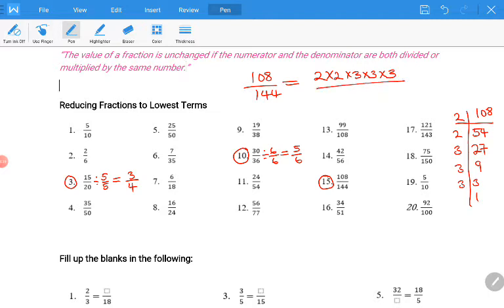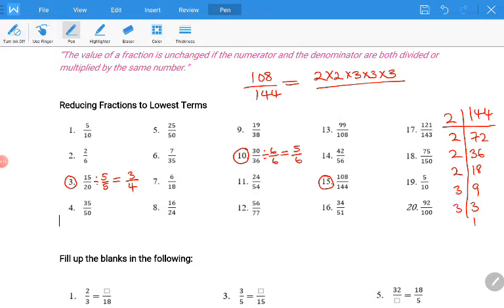Then we do the same for 144. We look for the smallest number that can get into 144, that's 2. 2 into 144 gives us 72. 2 into 72 gives us 36. 2 into 36 gives us 18. 2 into 18 gives us 9. 3 into 9 gives us 3. 3 into 3 gives us 1.